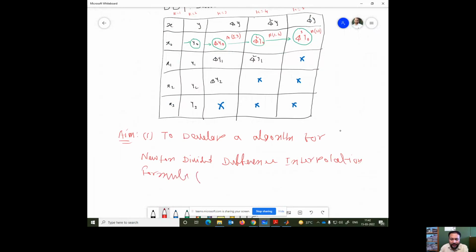In short form, it is written as Newton divided difference interpolation formula. This is our aim number one.